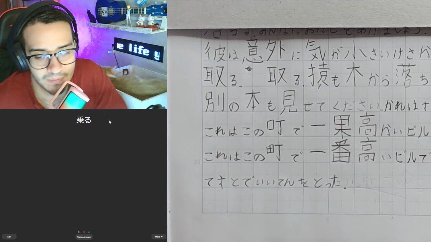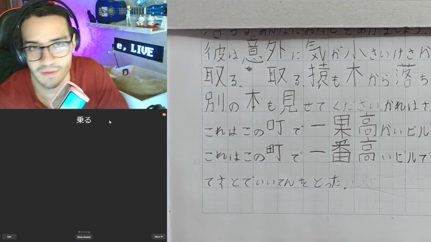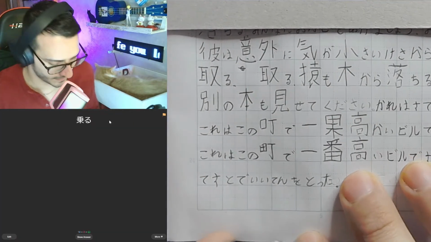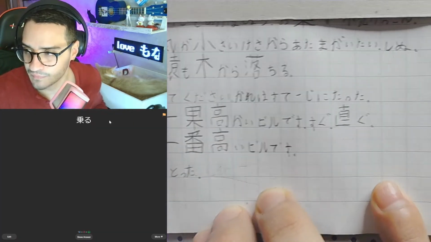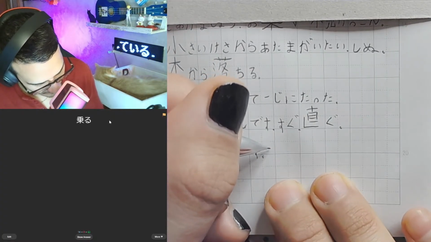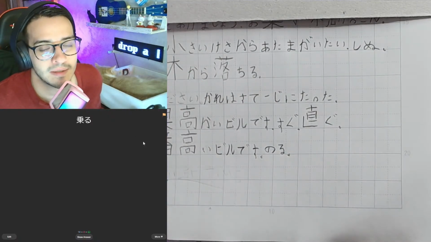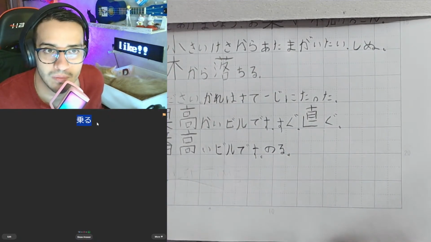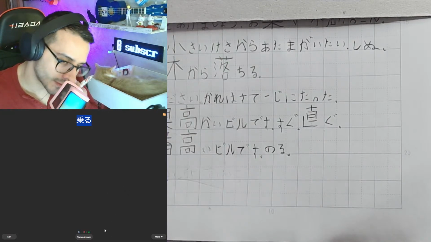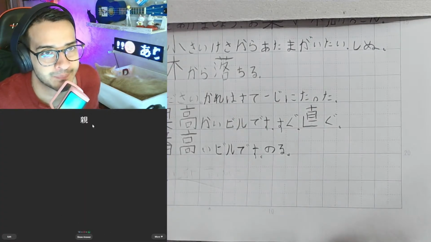How do we read this word? Or this kanji? Yes. Se no, noru, meaning to take or to ride something. 乗る。Noru, easy.